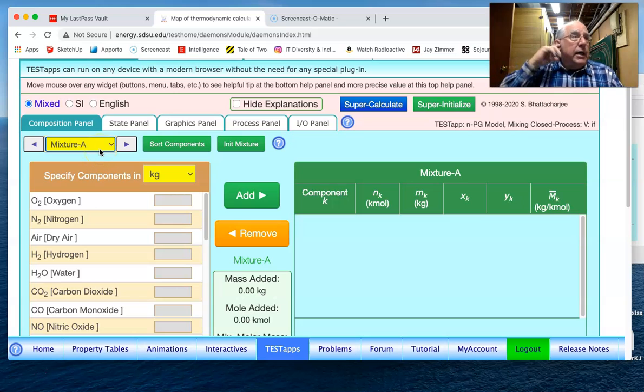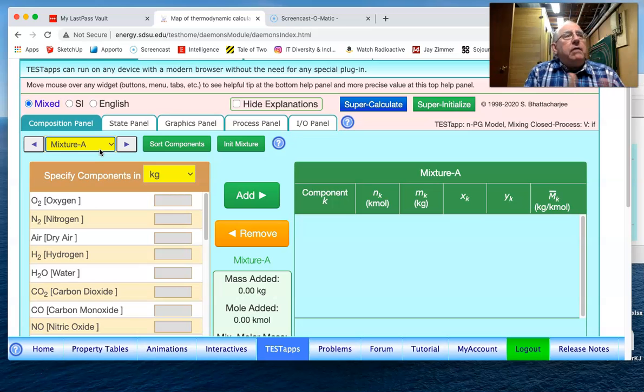In this particular problem, on the left-hand side where we have the hydrogen and the carbon dioxide, that's going to be mixture A. On the right-hand side where we just have oxygen, that's going to be mixture B. And then finally, the final condition is going to be considered mixture C.